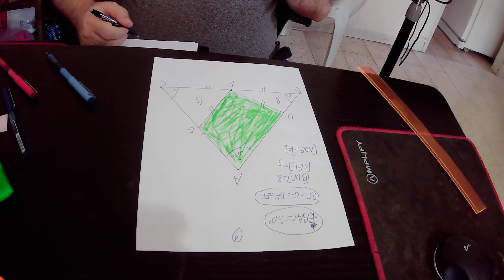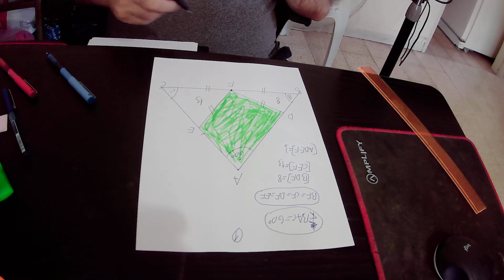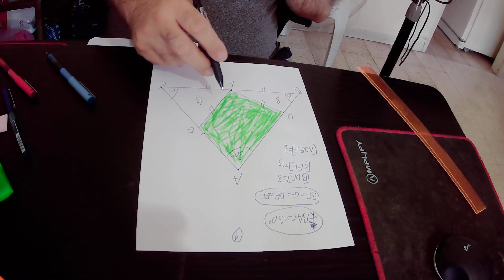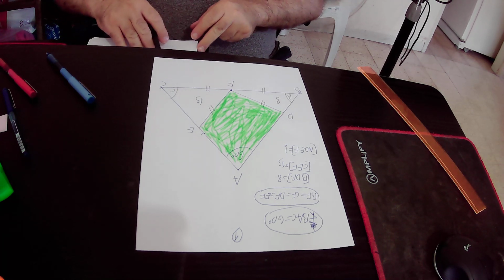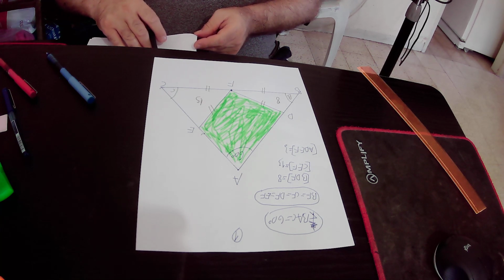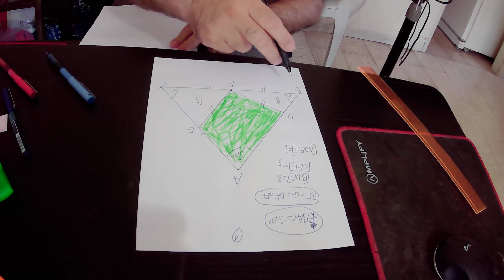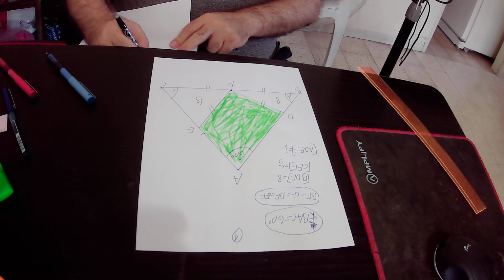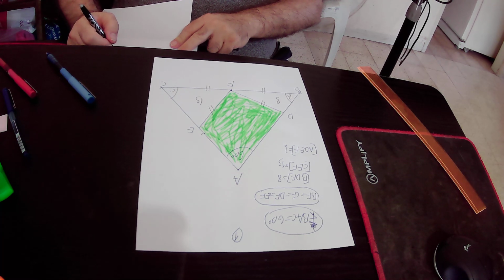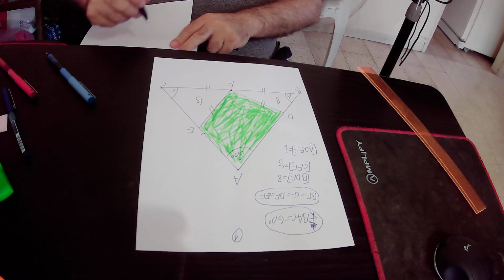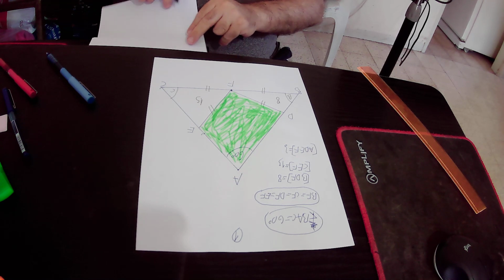Therefore, in triangle ABC, 60 degrees plus angle B plus angle C must be equal to 180 degrees, according to the rule that the sum of the angles in any triangle equals 180 degrees.